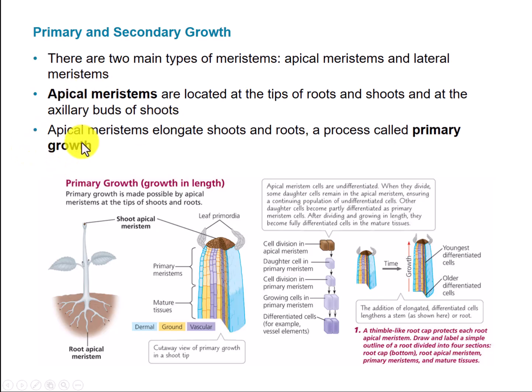So length is called primary growth, done at the apical meristems that are found at the tips of the roots and the shoots. And you can see all the little brown spots on the end of the roots. We have these axillary meristems that come out at the nodes, and then the apical at the tip of the shoot. So all these little brown areas are where we have this primary growth in our apical meristems.